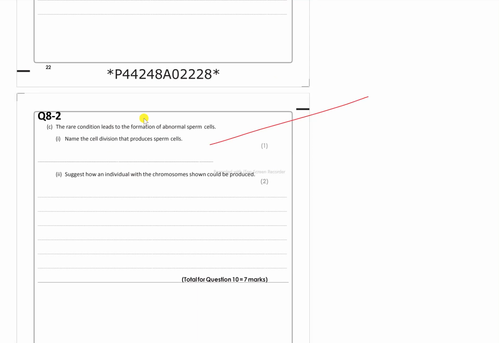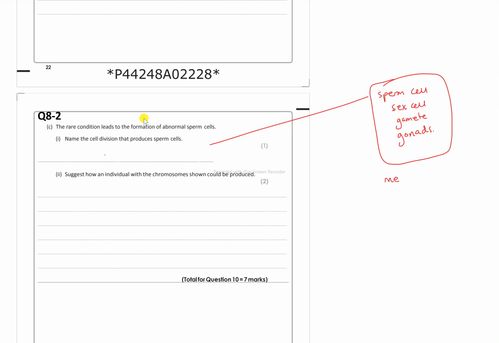So we said a sperm cell is a sex cell, but we call it a gamete, and it's produced in the gonads. Name the cell division process. Right, this is not mitosis, because mitosis is part of my body growth, so it's not.